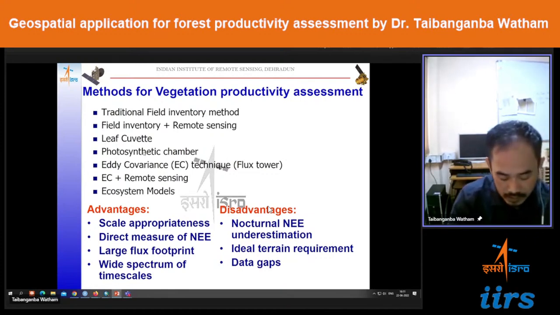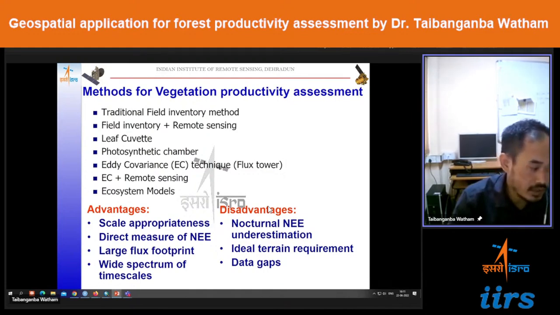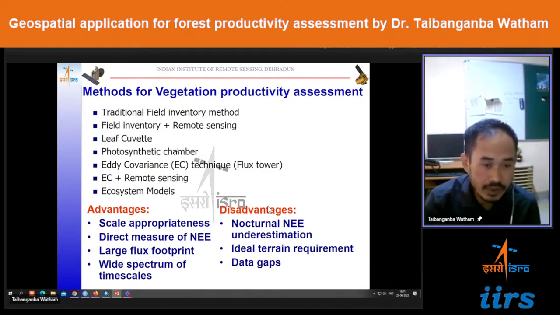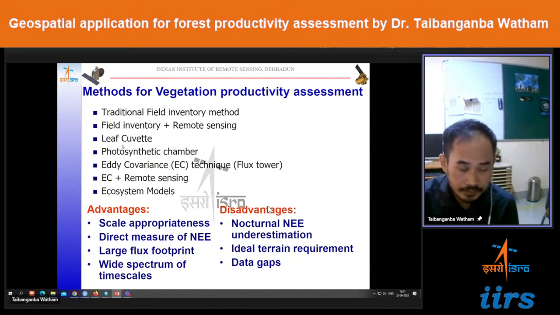Even for a single tree, there are different types of leaves: some are in the sun-exposed area, some in the shaded area, some are mature, some young, some newly developing, and some about to die or decay.